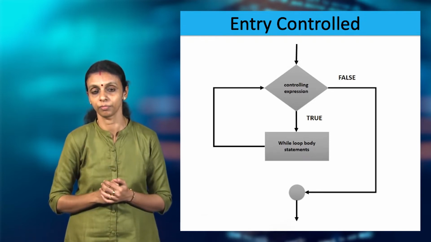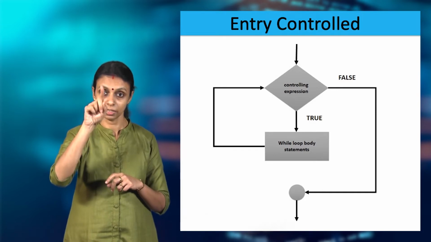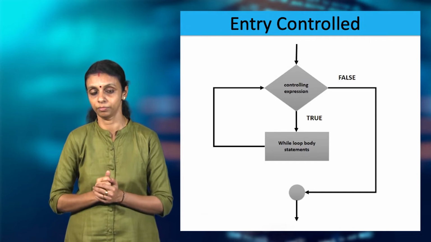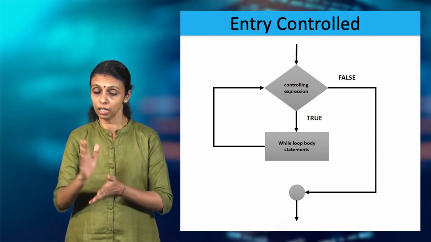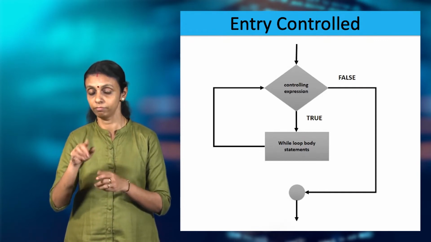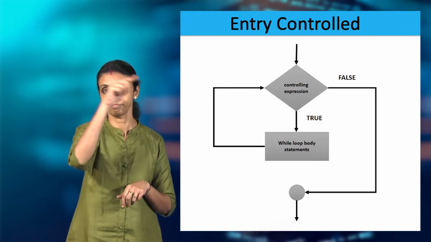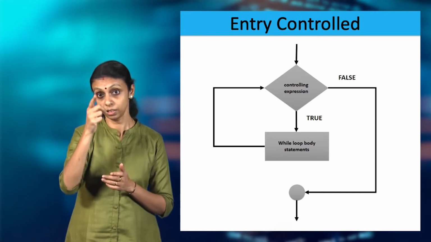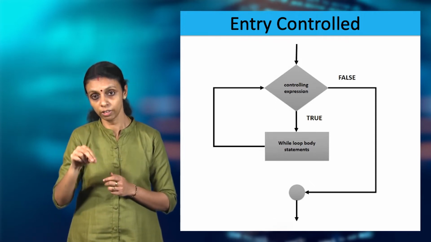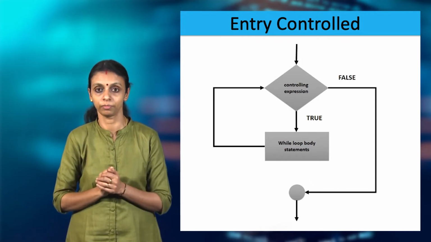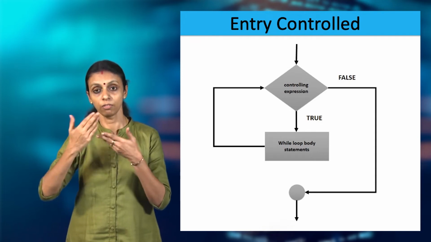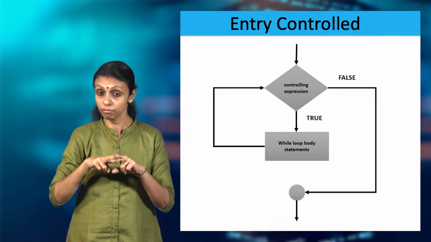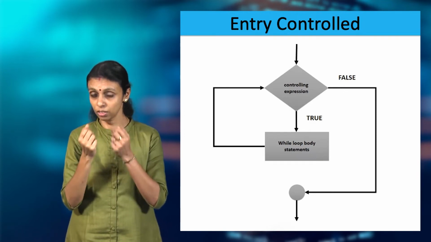If the condition is true, it executes the statements inside the block. After executing all the statements in the block, it again checks the condition. If the condition is true, all statements in the block get executed again. This continues till the condition gets false.